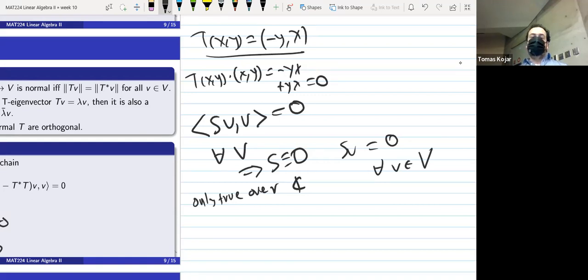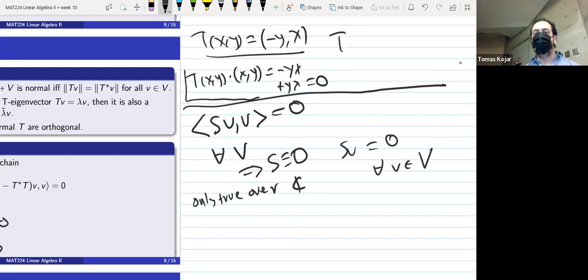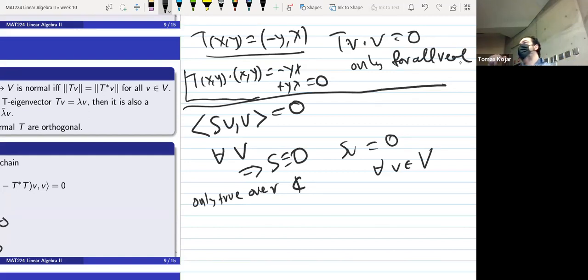No, here, you see this statement has to be true for all complex, not just for all. So this statement, that T V dot V is 0, is only true for all real. Your assumption is weaker.